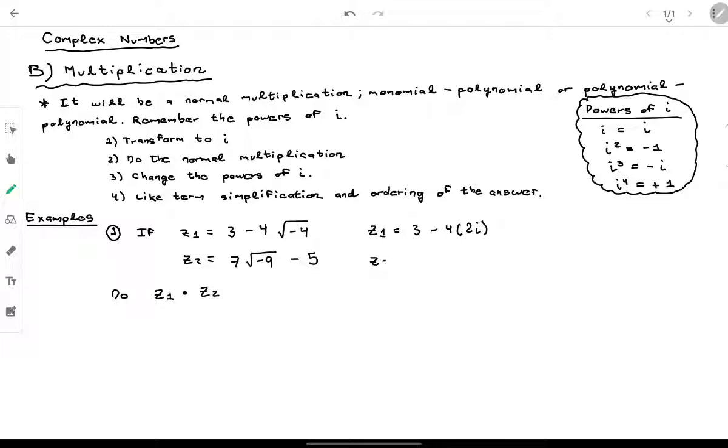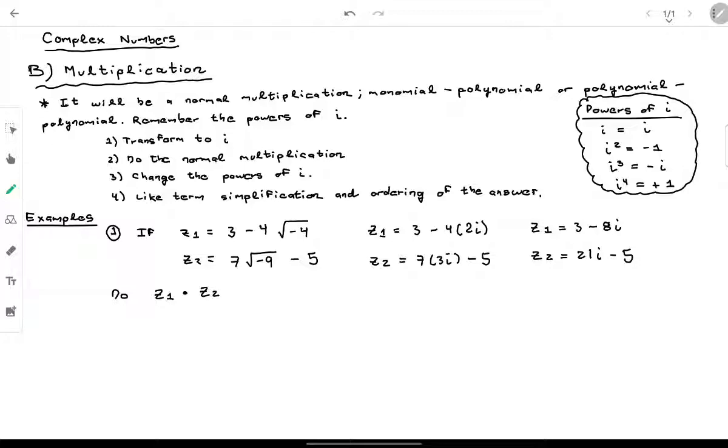And c2 is going to be 7 that multiplies 3i minus 5. That means c1 is going to be 3 minus 8i, and c2 is going to be 21i minus 5.